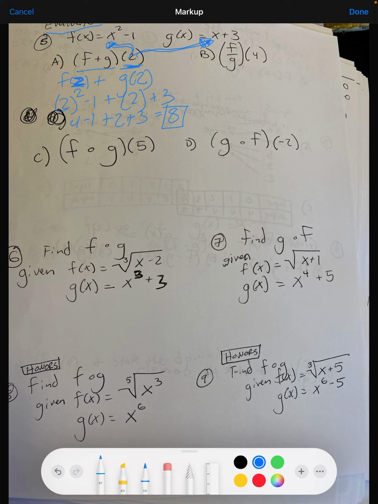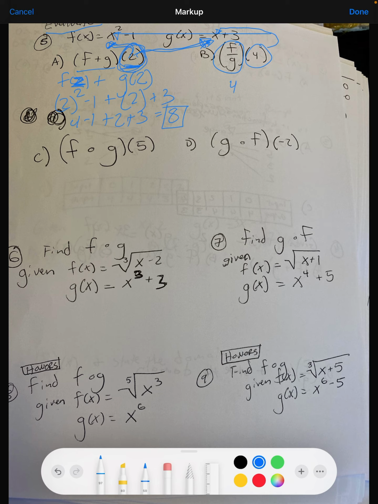So with 2 as my input, plugging in g of x and f of x and adding those, we get 8. Okay, what if we're going to divide with the input of 4? 4 is going to plug in to x and to this x and the g of x.